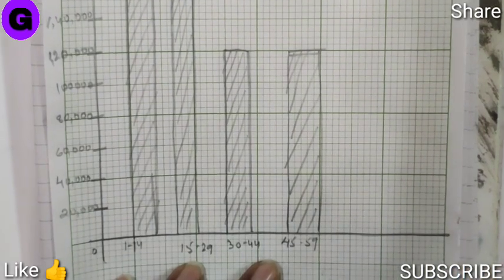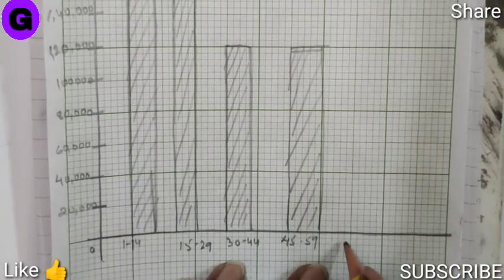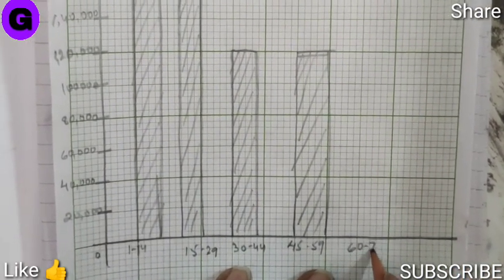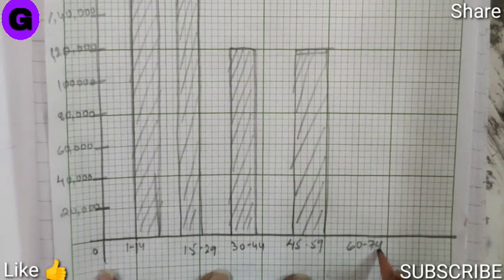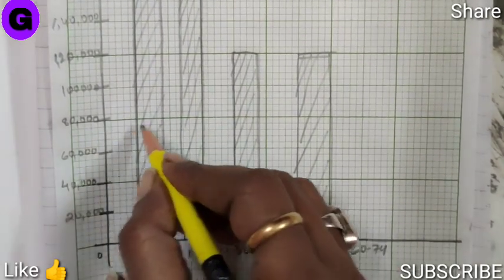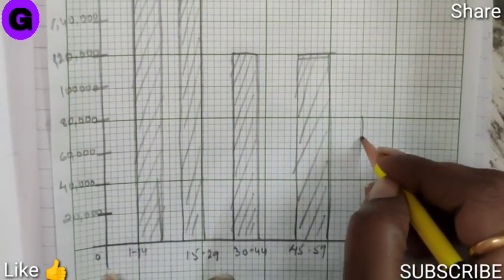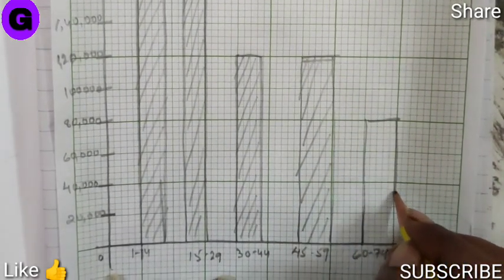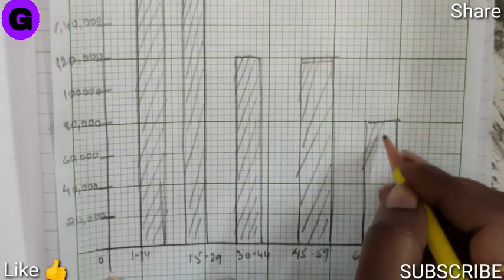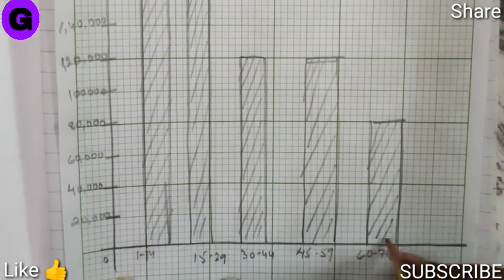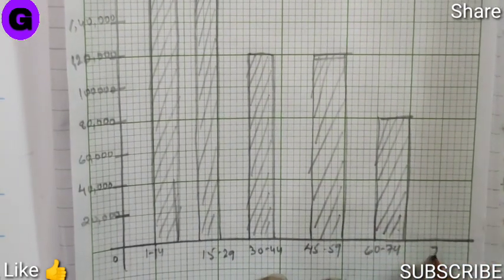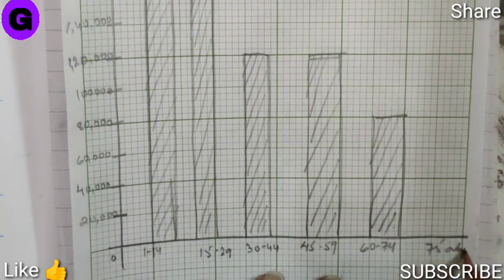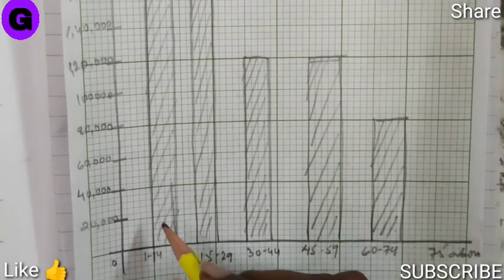Next age group is 60 to 74, and that is 80,000. And the last is 75 above, and that is 40,000.